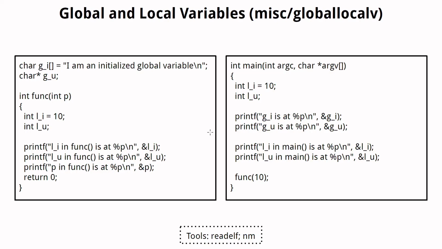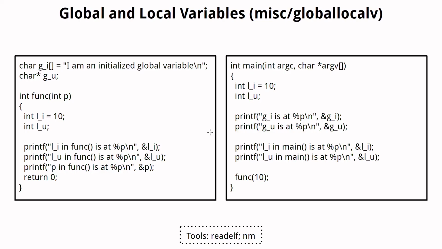Then we print out the address of the global variable gi and the address of the global variable gu. We just print out the address. We want to say where it is. Then we print out the local variables li and lu. Then we call the function func with 10. So in this case, 10 is a parameter, right? And the function func takes a parameter, which is p.